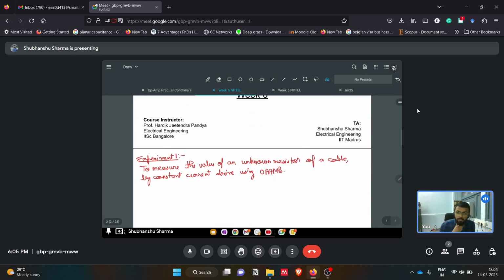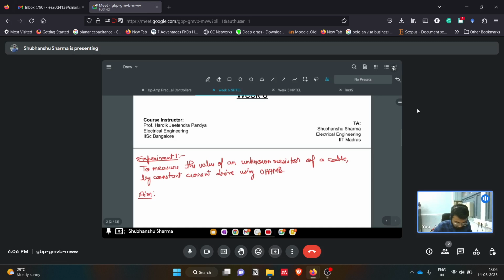We will be discussing this experiment and how it was done. The aim was to design and build a constant current drive circuit, which can have many applications. The aim was to realize this in simulation as well as on a breadboard circuit.